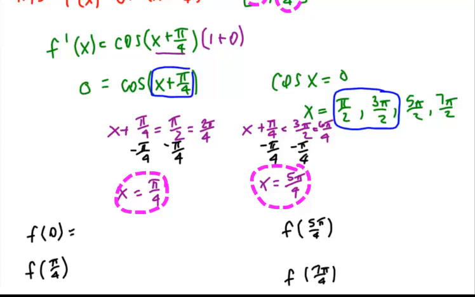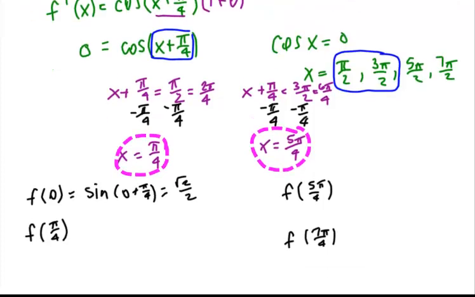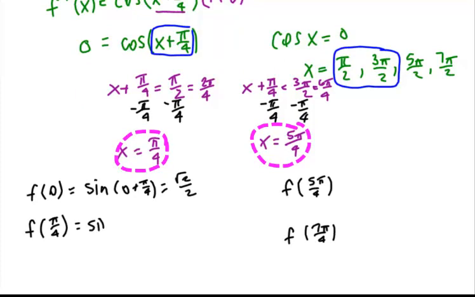So this first one is the sine of 0 plus pi over 4, which is the sine of pi over 4, which is square root of 2 over 2. The next is the sine of pi over 4 plus pi over 4. That's pi over 2, and the sine of pi over 2 is 1. Then the sine of 5 pi over 4 plus pi over 4.